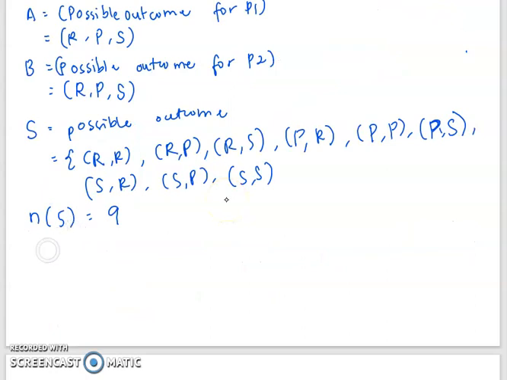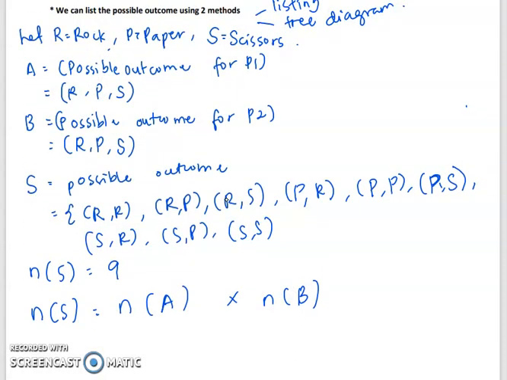Now we can actually know the number of possible outcomes using a formula, whereby the number of possible outcomes equals the number of possible outcome of event A times the number of outcome of event B. So event A and B refer to the possible outcome of what we have in the question. For example, event A is the number of possible outcome for pupil number 1. So pupil number 1 could either show rock, paper, or scissors.